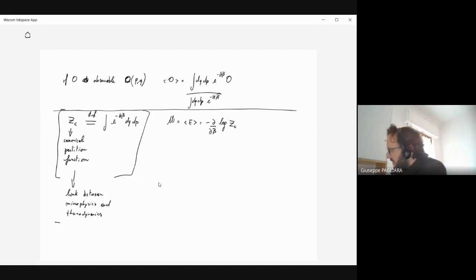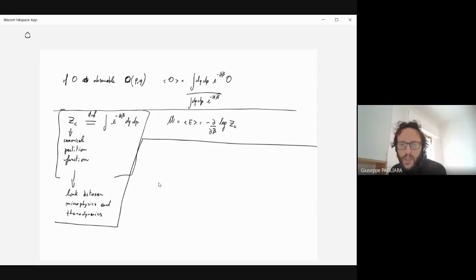Anyway, once we have the canonical partition function, we have everything about our system, in the sense that we can compute the thermodynamical variables, such as internal energy and all the other variables, and it also allows us to compute fluctuations.